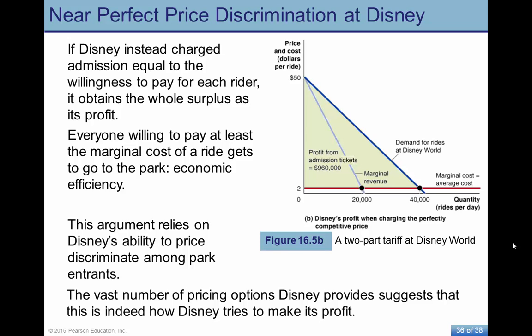Economic efficiency. This argument relies on Disney's ability to price discriminate among park entrants. The vast number of pricing options Disney provides suggests that this is indeed how Disney tries to make its profit.